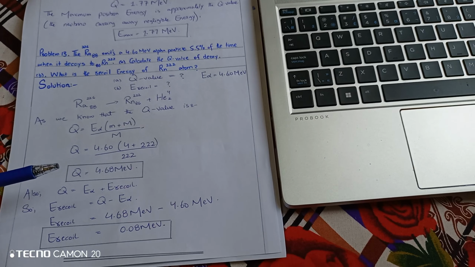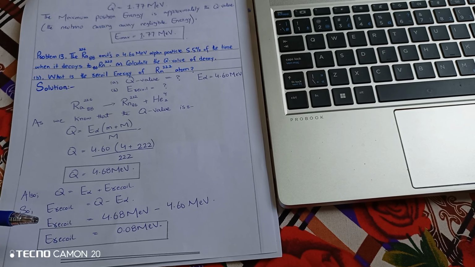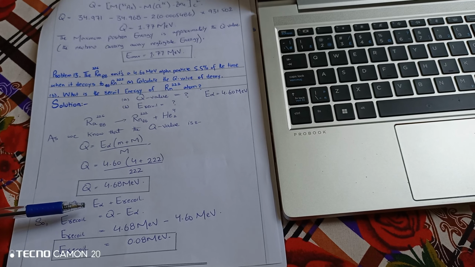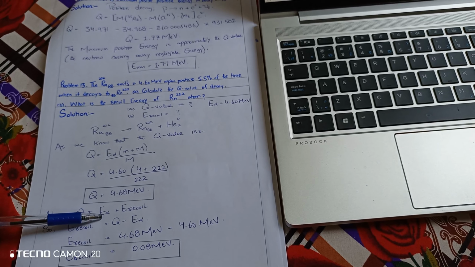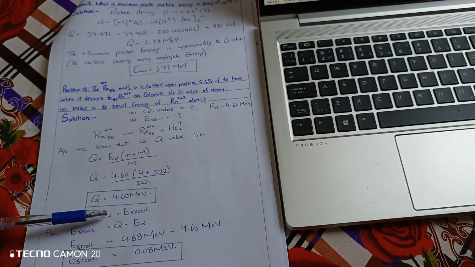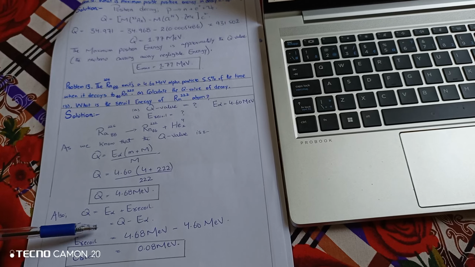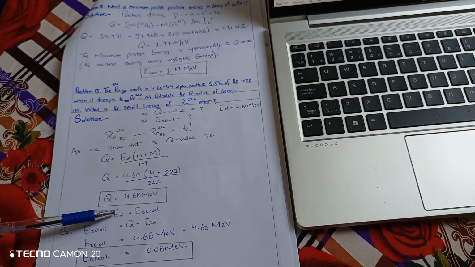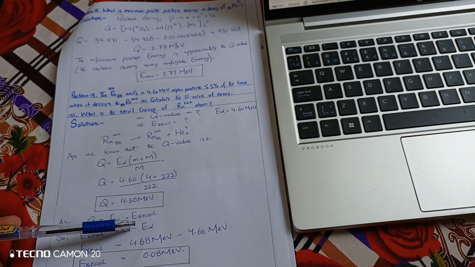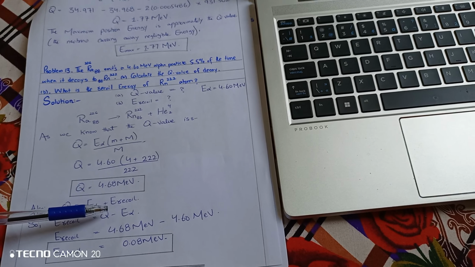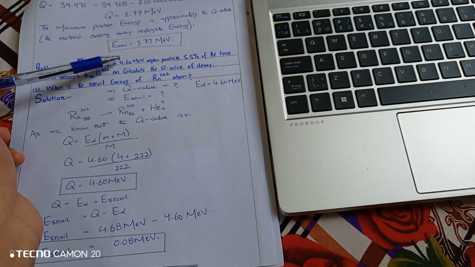Now finally, you have to calculate the recoil energy. As you know, the Q value is basically the sum of the recoil energy and the alpha particle energy. So the recoil energy becomes Q minus E alpha. Q you already found, which is 4.68 mega electron volts, and E alpha is already given here, which is 4.60.